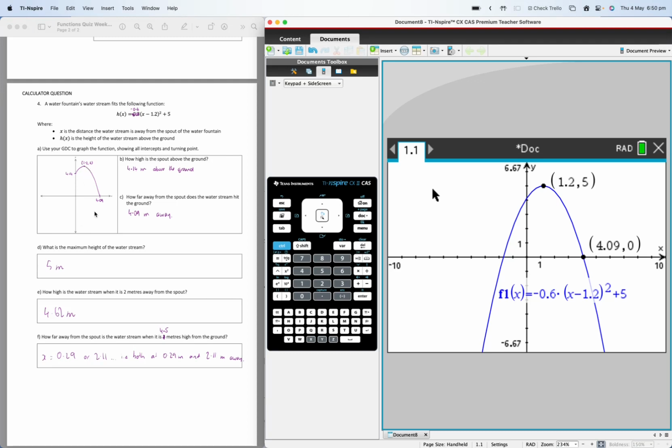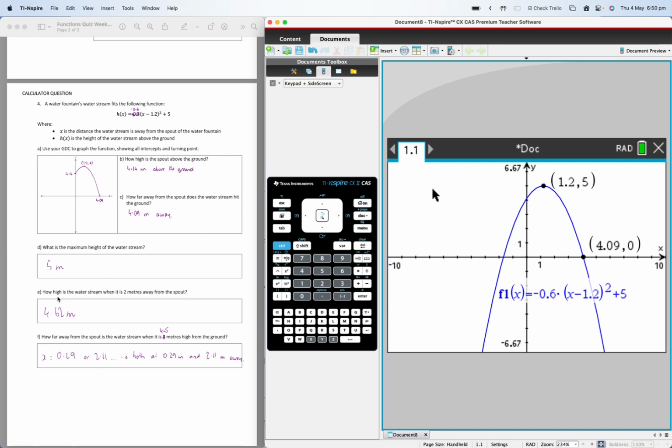We asked for the maximum height, so it would be 5 meters, the y value. Some people put a coordinate in here, but I didn't say give me the coordinates. I said, what is the maximum height? So you should be working out exactly what the context of the question is. The height is 5 meters because everything is in meters here.